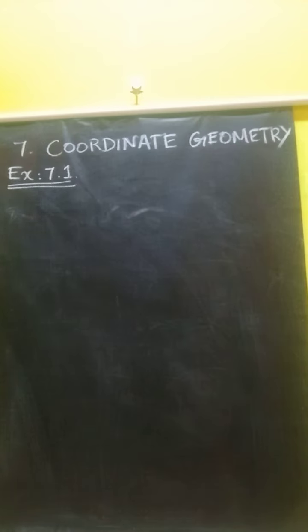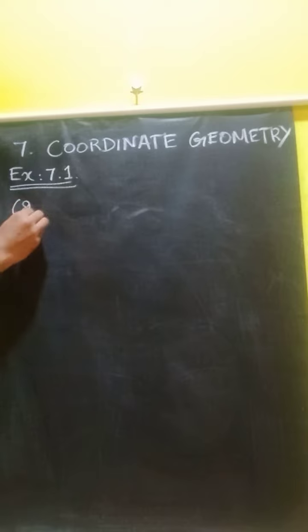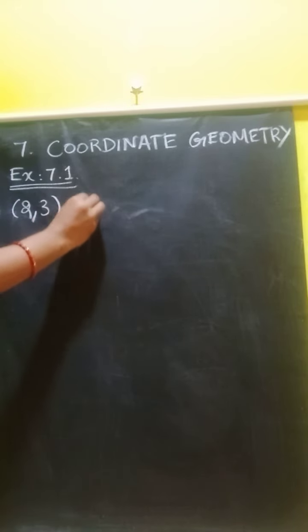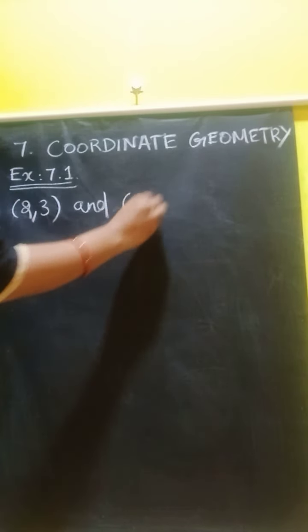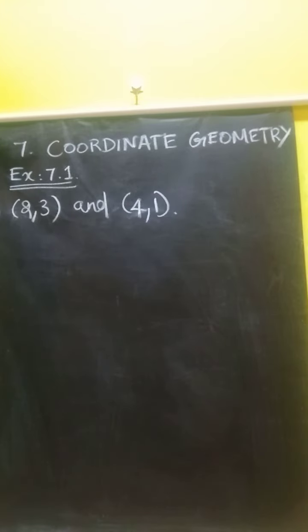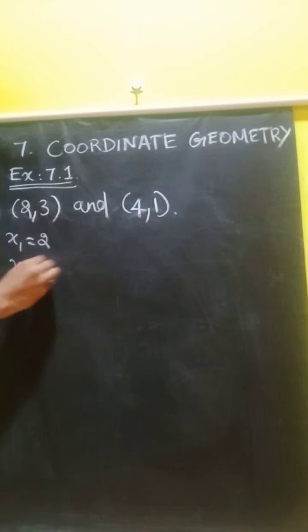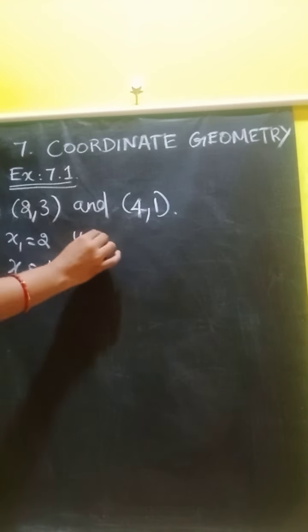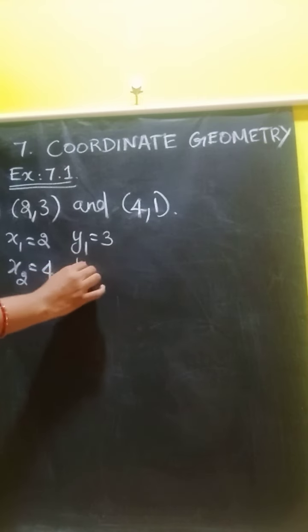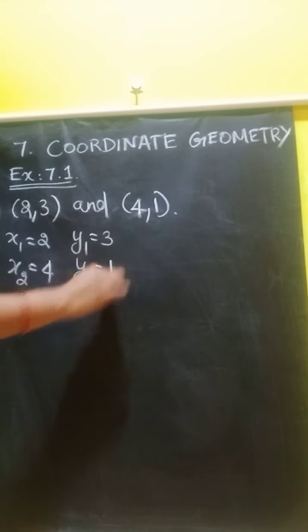Subdivision 1: 2, 3 and 4, 1. These are the 2 points. So x1 is equal to 2, x2 is equal to 4 and y1 is equal to 3, y2 is equal to 1.